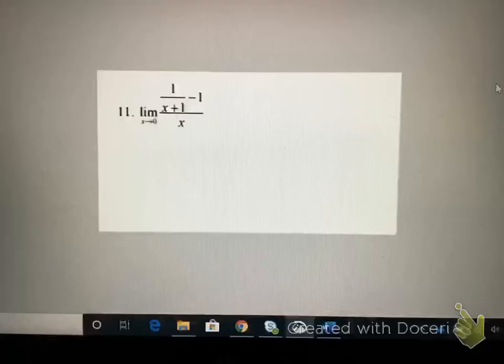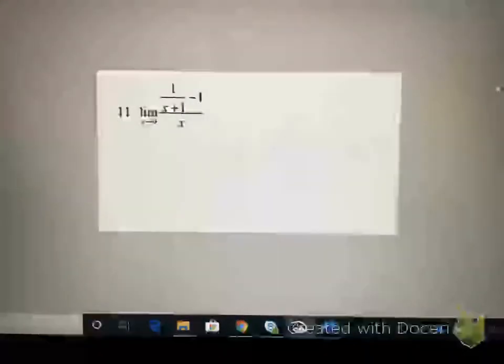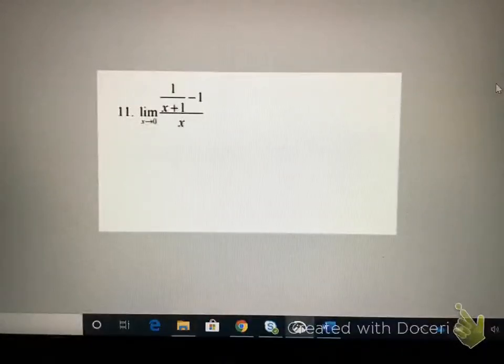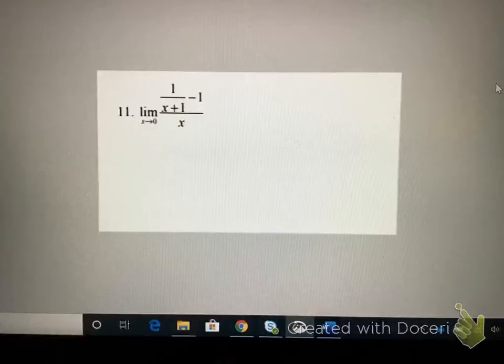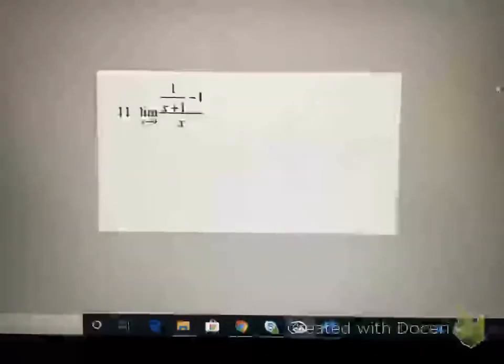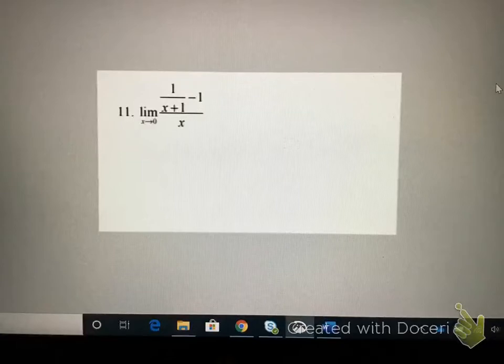And then 11 and 13 give you two even funkier situations. On 11, you start out, just like you did on number 9, thinking, okay, I'm going to plug 0 into this equation and see what I get.